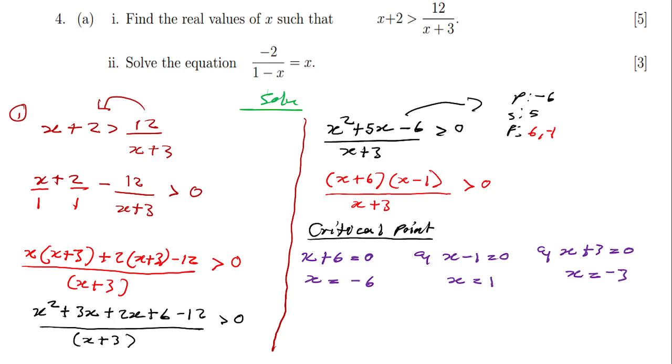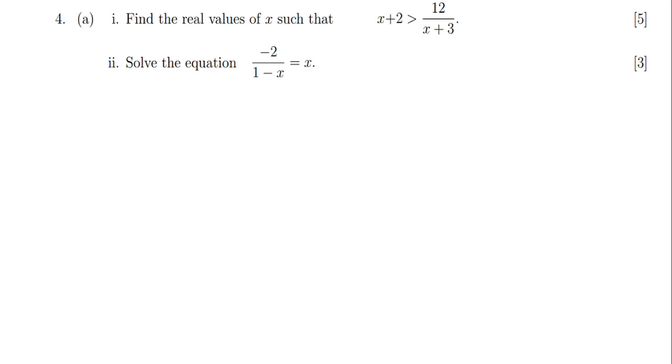Now, since I have these 3 critical points, I have to make sure that I arrange them according to how big they are. Remember, I have x equals negative 6, x equals negative 3, and x equals 1. Negative 6 is the lowest amongst them all.